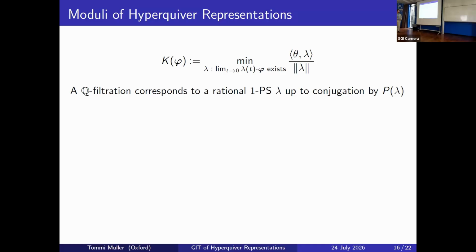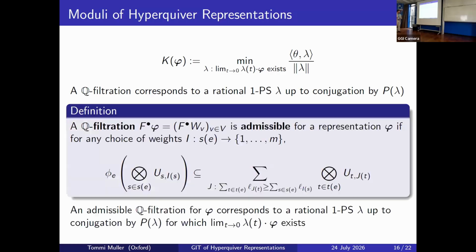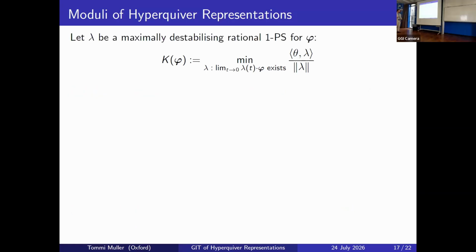So this definition of acute filtration is just a retranslation of saying that lambda is a one parameter subgroup, again after conjugation by the parabolic. And an admissible acute filtration is just a retranslation for a one parameter subgroup up to conjugation for which the limit exists. So now we're kind of seeing where we're going towards.